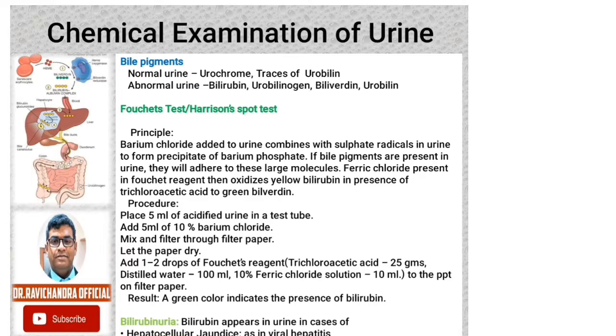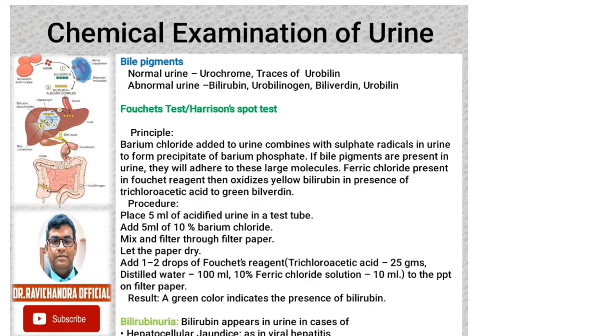The procedure is to take 5 ml of acidified urine in a test tube and add 5 ml of 10% barium chloride. Mix it and filter the solution using a filter paper. Let it dry. Then open the filter paper and add 1 to 2 drops of the Fouchet's reagent, which is prepared using 25 grams of trichloroacetic acid, 100 ml of distilled water, and 10 ml of 10% ferric chloride solution.